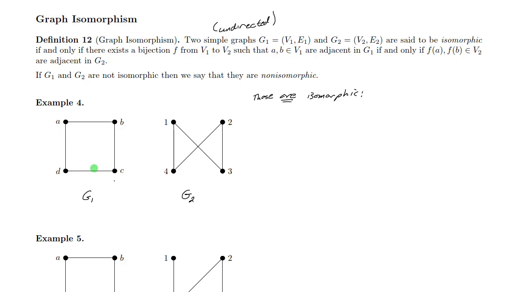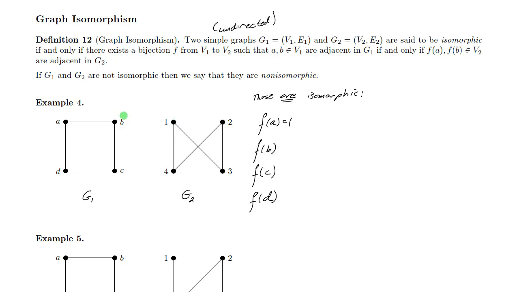Or if I take C and B and interchange their positions, again keeping the same edge connections. So with this one, we'll take f of A, say that that's equal to 1. I'm just going to go through and write out the function values for each of the vertices in my first graph. So A is going to get associated with 1.